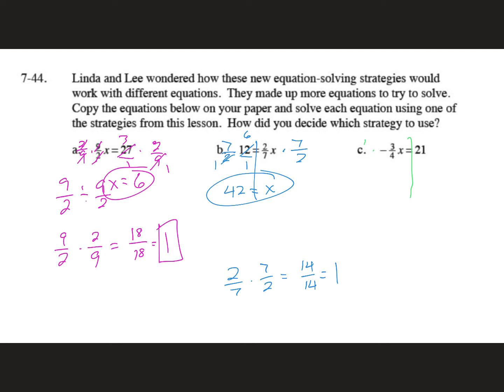So I'm going to multiply by negative 4 over 3, because that's going to be my reciprocal. 3 divided by 3 is 1. 21 divided by 3 is 7. So I can cross simplify here. I end up with x is equal to 7 times a negative 4. Negative 28 is my answer there.